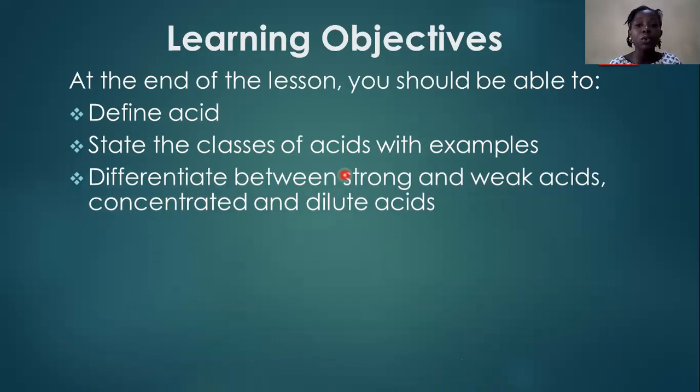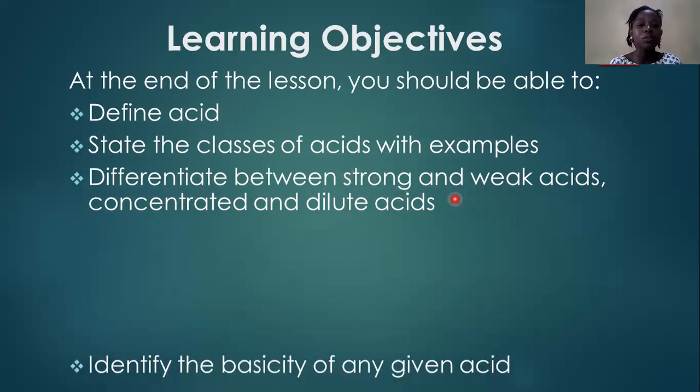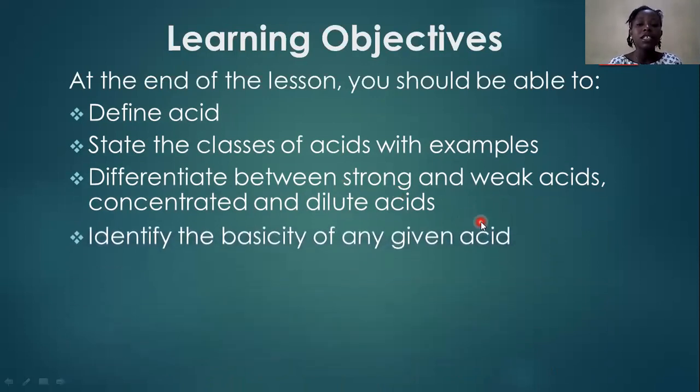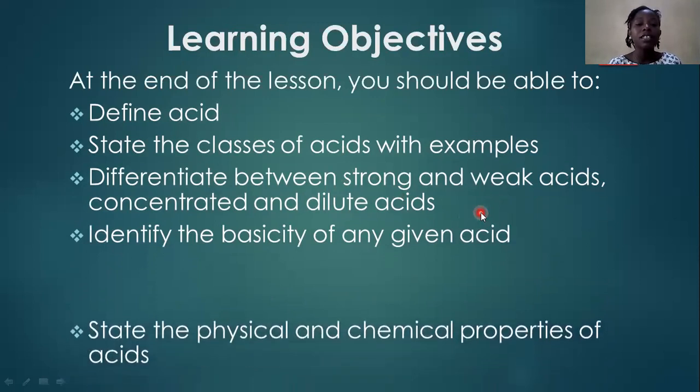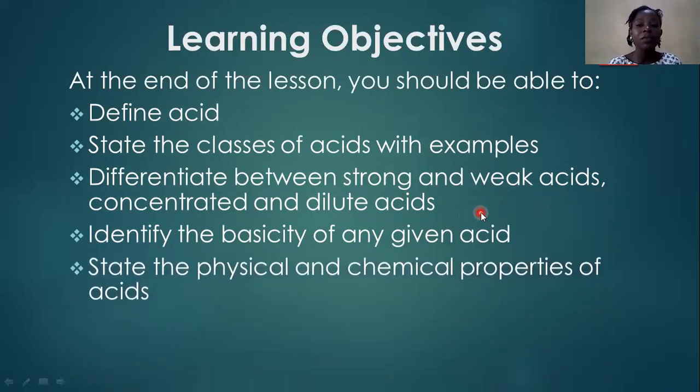That means you should be able to understand the concept of strong and weak acid and differentiate them, also concentrated and dilute acid. Then next, you should be able to identify the basicity of any given acid. Next, you should be able to state the physical and chemical properties of acid, and then you should be able to mention the uses of acid.